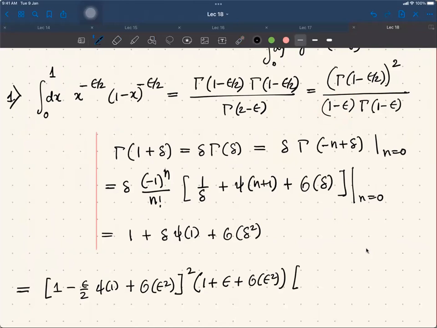So it is the same thing here, but with power minus 1: 1 minus epsilon by 2 psi 1 plus order epsilon square, power minus 1.